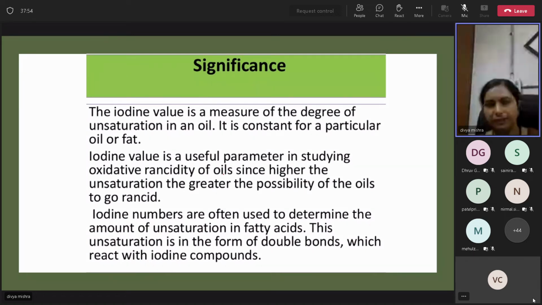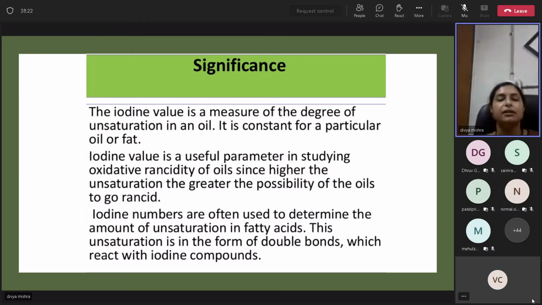Rancidity is something we see when we keep a fried item in the monsoon season for a longer time and it interacts with atmospheric oxygen or moisture. It starts getting a different type of smell which we don't find proper for eating, so we discard it.